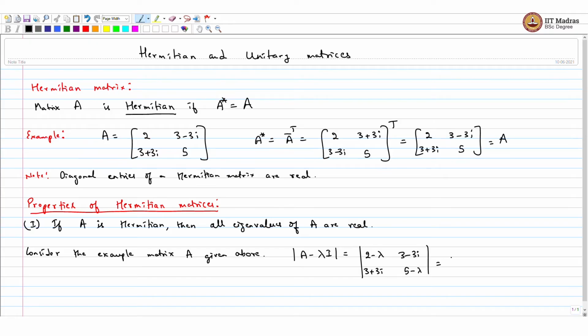turns out to be lambda square minus 7 lambda plus 10 minus 18, which is the same as lambda square minus 7 lambda minus 8. This is the same as lambda minus 8 into lambda plus 1.